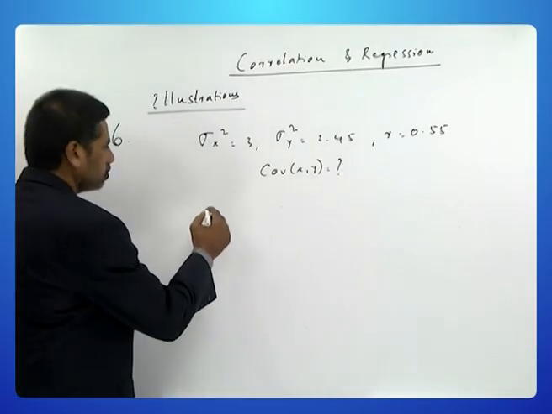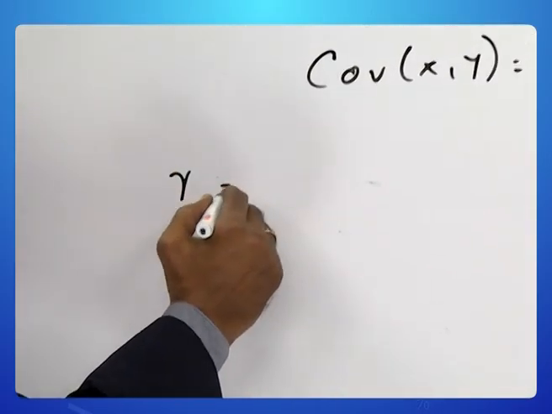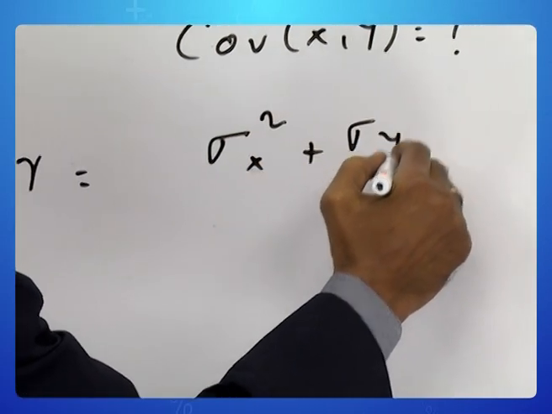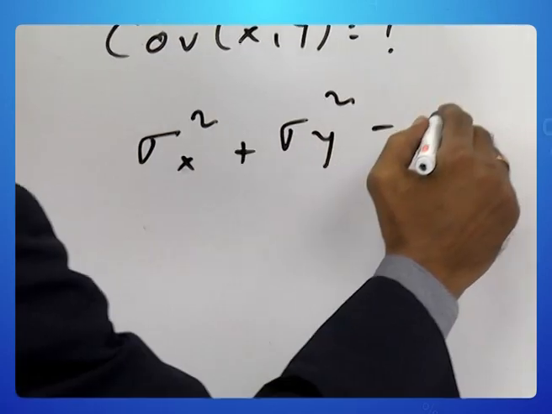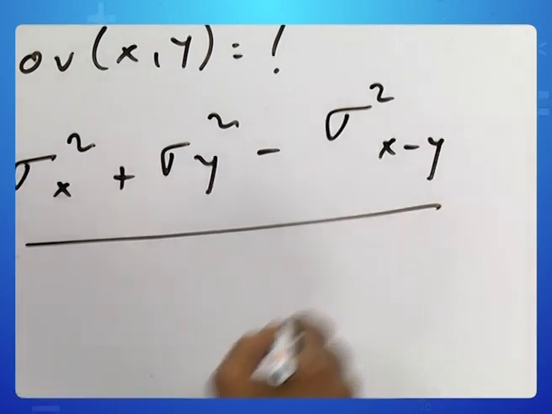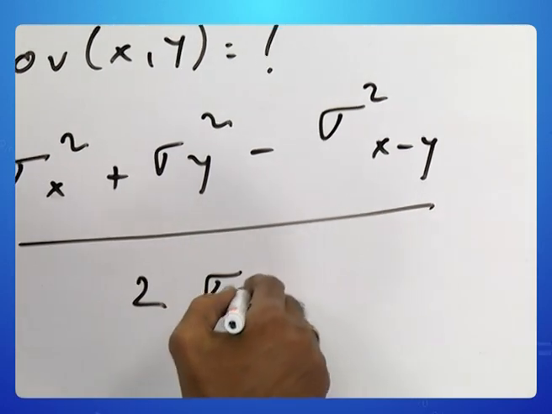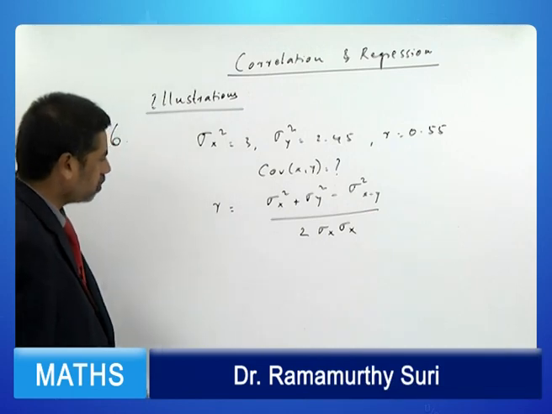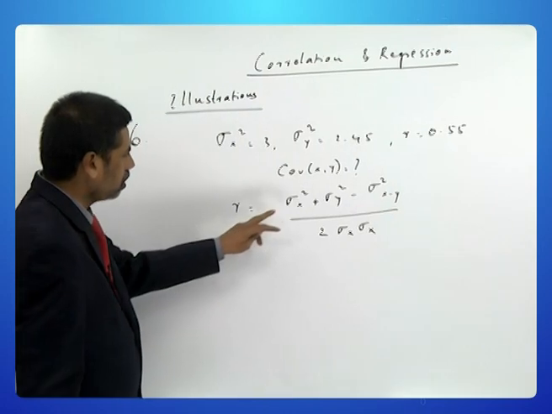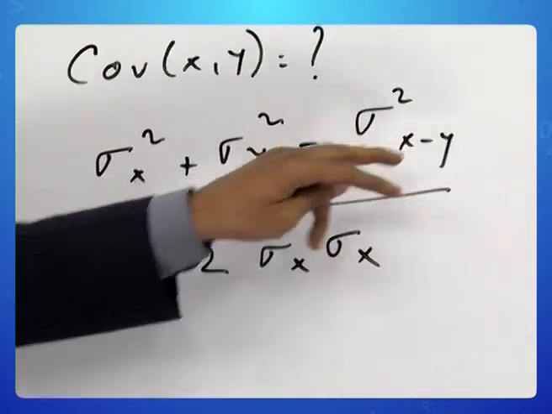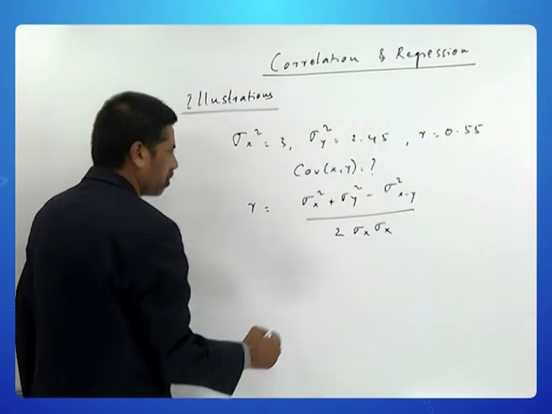So we already know that R is computed from variance of x plus variance of y minus covariance between x and y divided by twice standard deviation of x into standard deviation of y. Now what is all that we know? We know R, we know the variance, which means we already know the standard deviations from which we can estimate this one. So let's write that formula.